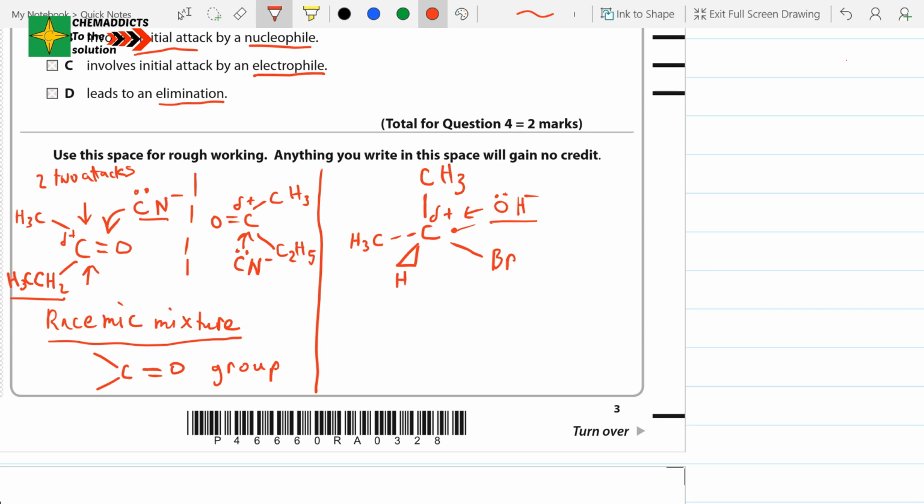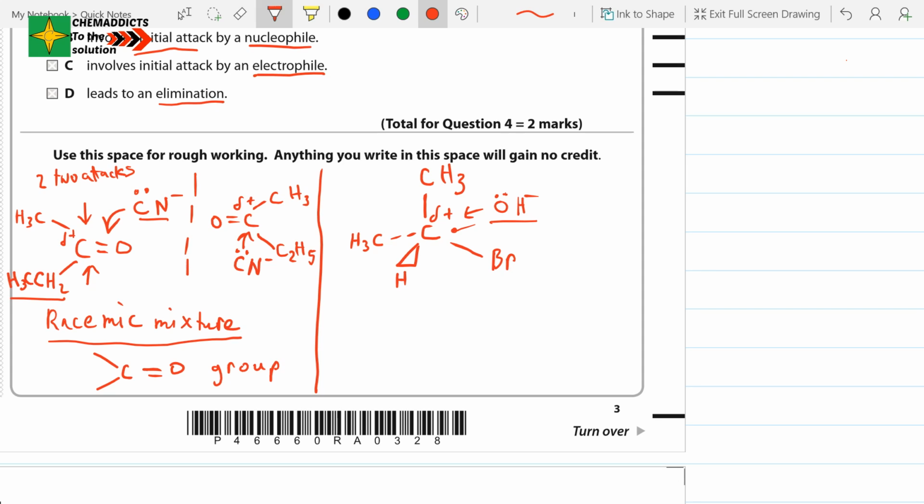So since this molecule has a tetrahedral arrangement, the hydroxide will attack only in this region. As a result, it won't form a racemic mixture. Okay, so that's the reason behind this.